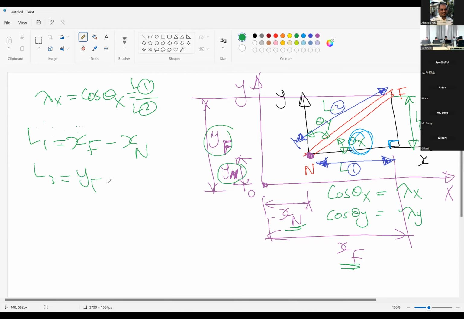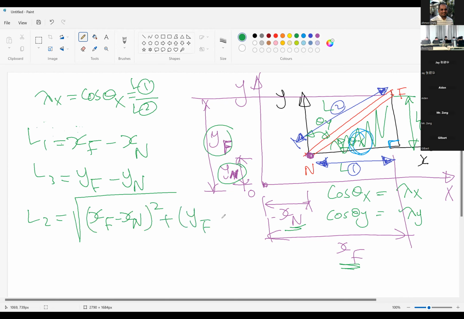L2, from this triangle using the Pythagoras rule, will be the root of xf minus xn squared plus yf minus yn squared. So using 1 and 2, we can get lambda x.